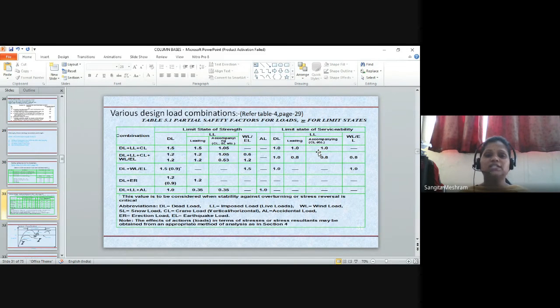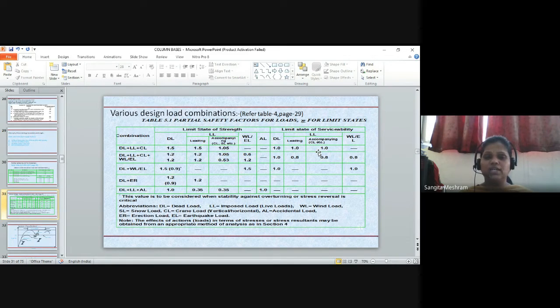These are the design load combinations. We generally use 1.5 times dead load plus live load when designing the structure. In the case of RCC reinforced concrete structure design, we basically use a 1.5 partial safety factor for concrete and 1.5 times dead load plus live load. That means these are the combinations you have to use.